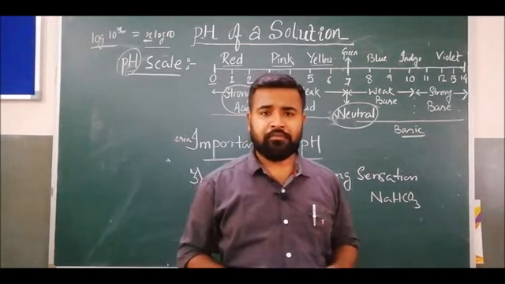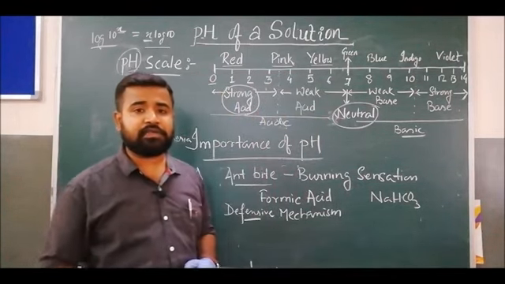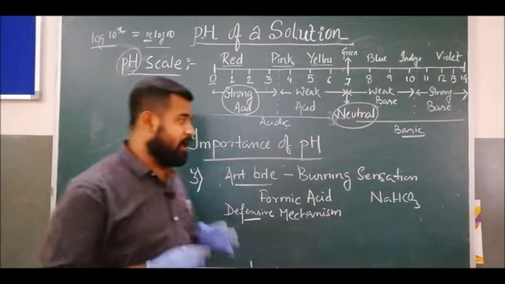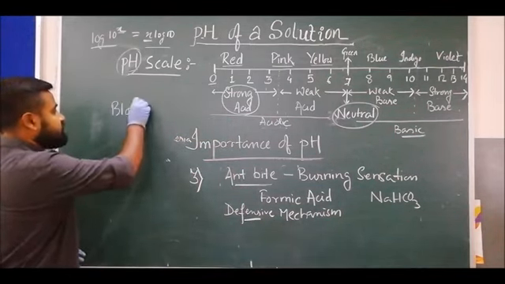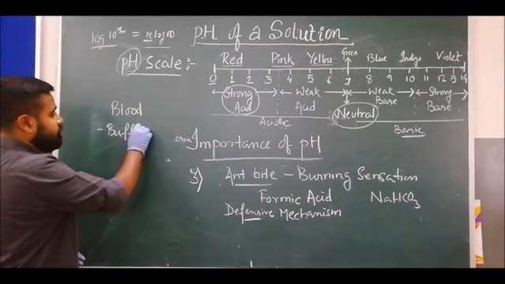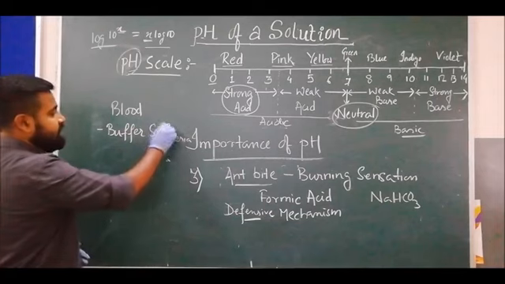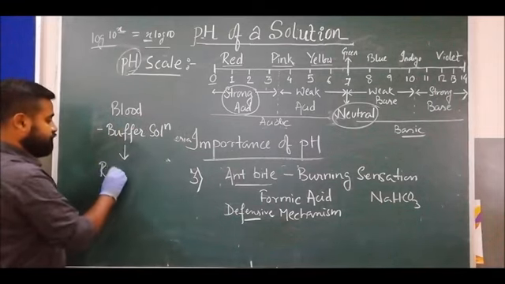That's why blood resists the change of its pH, and that's why blood is called a buffer solution. What is the role of a buffer solution? To resist the change of pH.